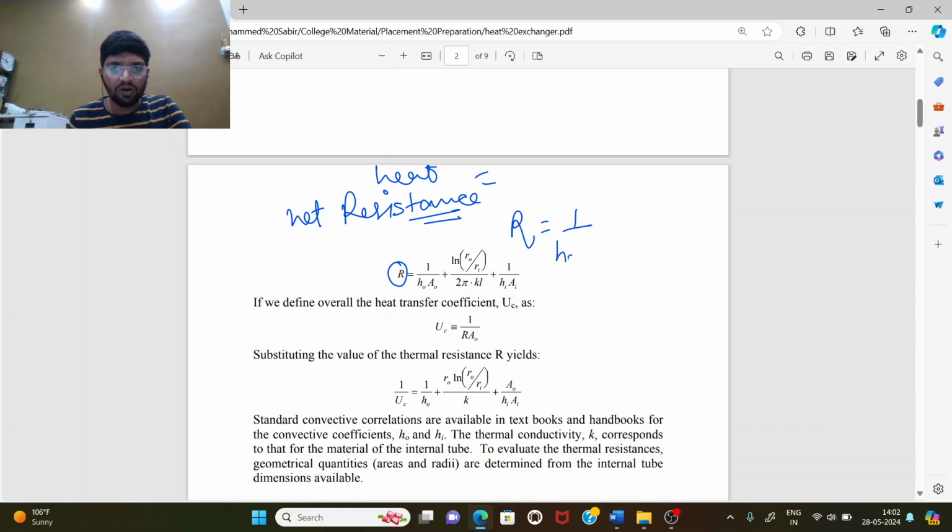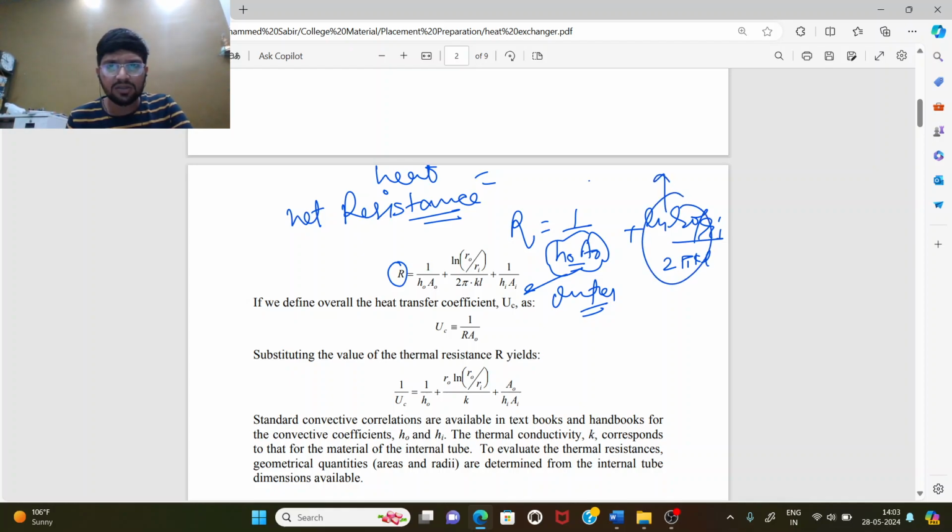This is 1 upon h naught A naught for the outer, and this is ln(R naught upon R1) upon 2 pi KL for the cylindrical conductance, and this is for the inner tube. This is the net heat resistance.